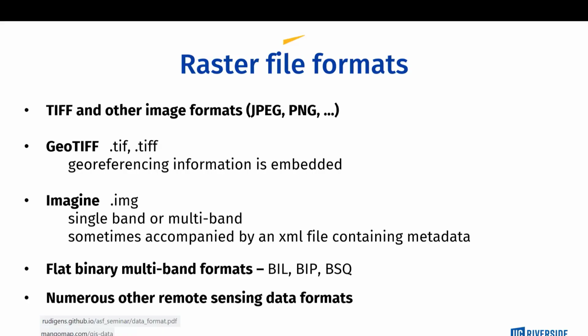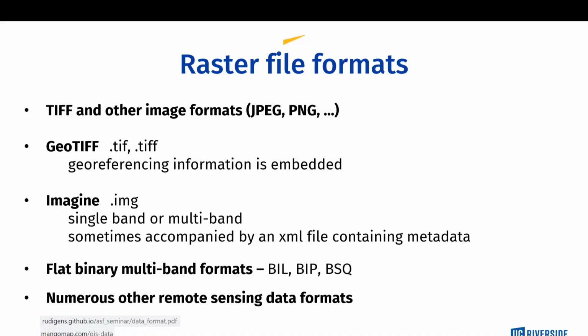First thing to know is that there are many types of raster file formats. Again, imagery is a subset of the rasters. The first bullet point shows you some of the file formats that we may all be familiar with just in general life, that there's TIFFs and JPEGs and other things.